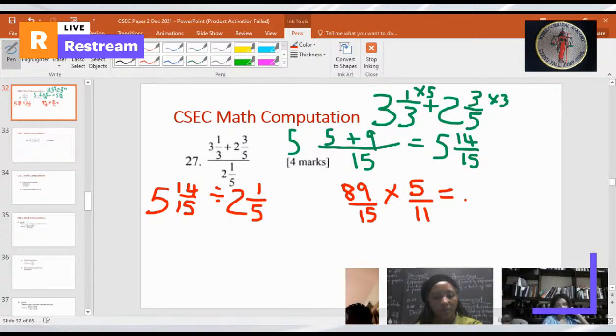Okay, Miss, so we can simplify 5 and 15. 5 into itself goes 1 time, and 5 into 15 goes 3 times. So 89 times 1 is 89, and 3 times 11 is 33.